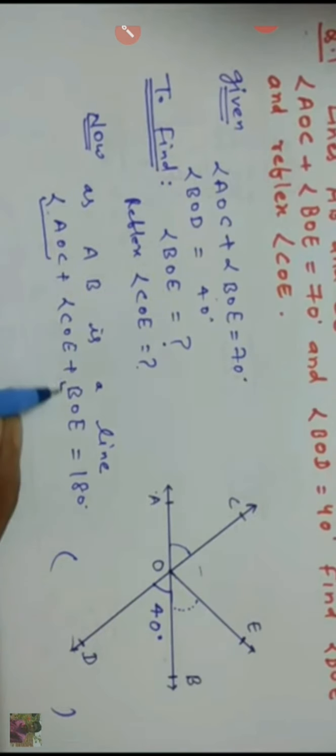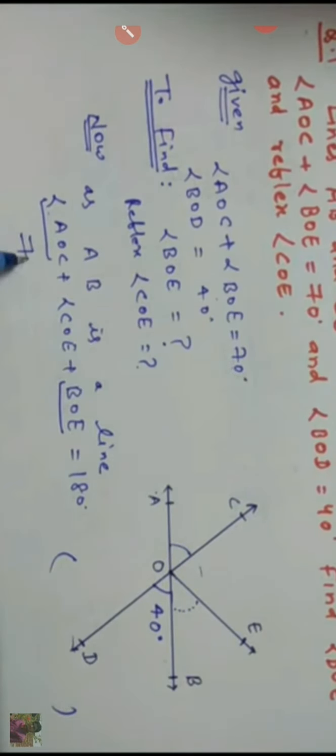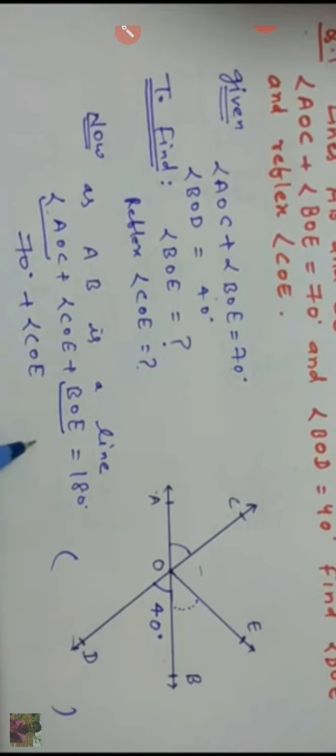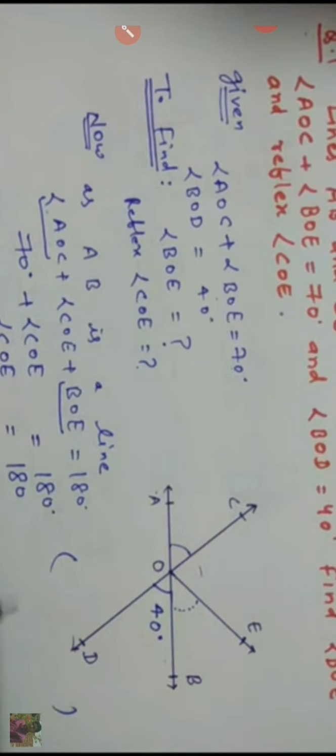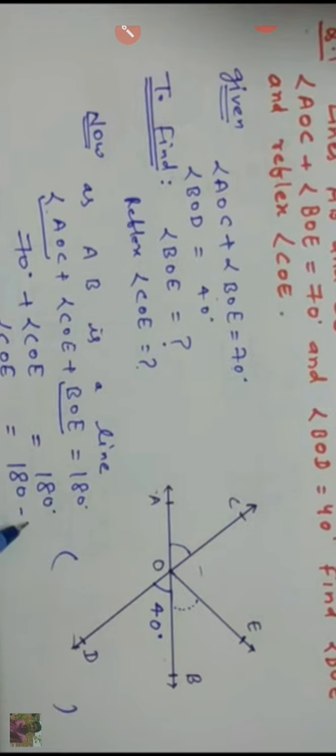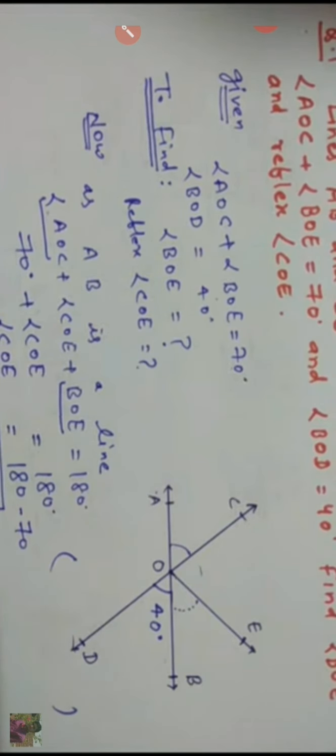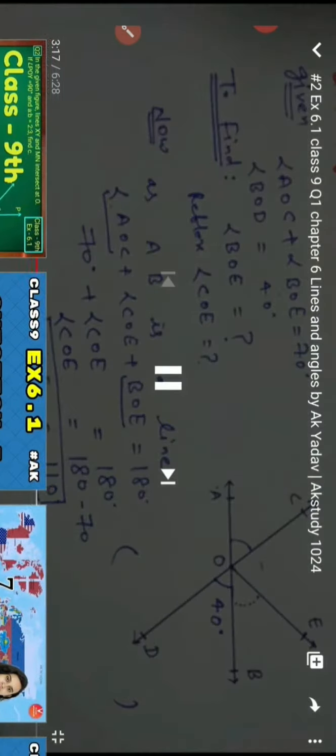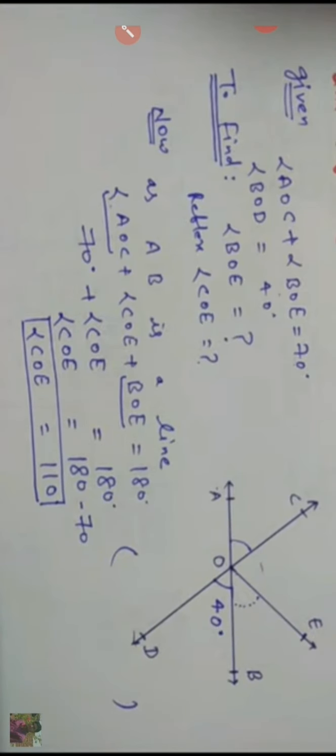But it is given angle AOC plus BOE is equal to 70 degree, plus angle COE is equal to 180 degree. Now angle COE is equal to 180 minus 70, so it becomes 180 minus 70, that is 110. So angle COE is equal to 110 degree.